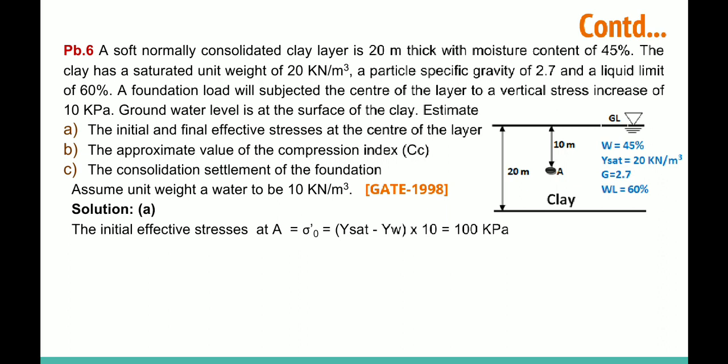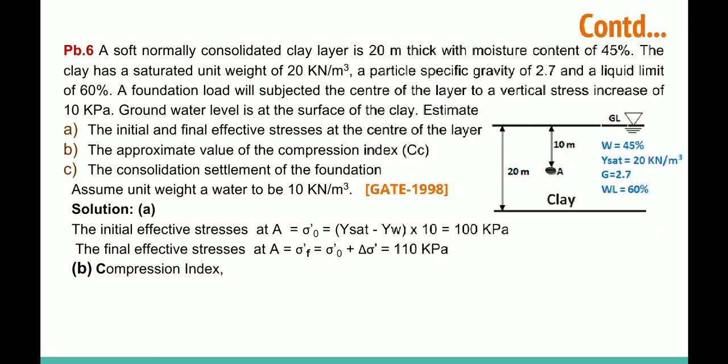So the initial effective stress at the middle of the clay layer is 100 kilopascal. The final effective stress we can calculate because the change is given in the question, that is 10 kilopascal. So final is initial plus change, 100 plus 10, that is 110 kilopascal.